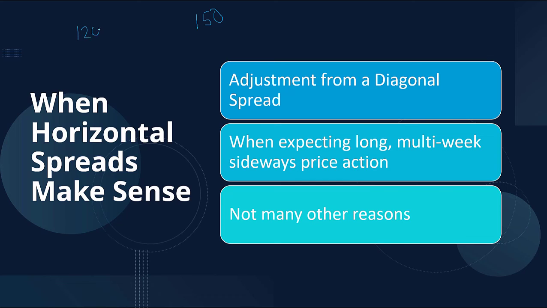Now, yes, I could buy puts. Yes, I could. There's a bunch of other strategies that I could do that probably make more sense. So this is one of those where it makes sense to do this, but there are better strategies out there. But let's say you say, you know what, I think the stock's going to have a big drop. You could do the 120.